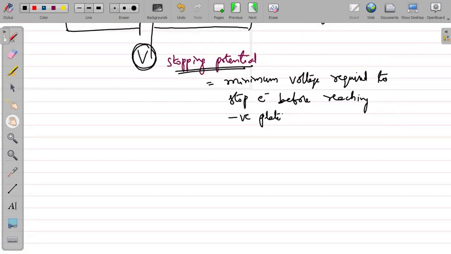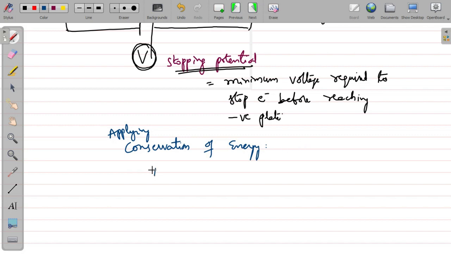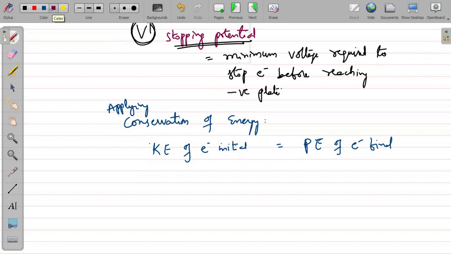So applying conservation of energy, the initial kinetic energy of the electron is equal to the final potential energy of the electron.